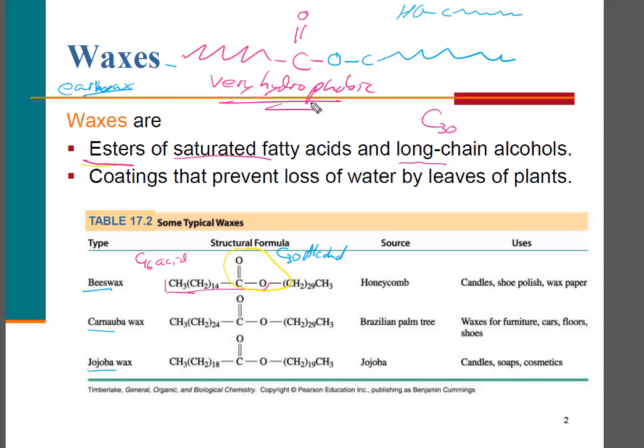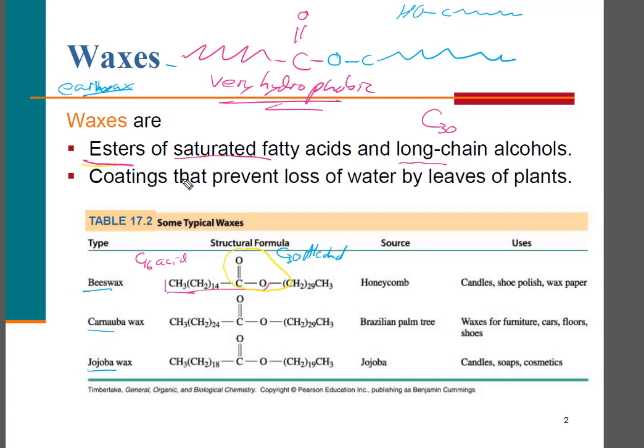Very hydrophobic. One of the things we talked about in lecture about esters, alcohols at least 5 carbons or less are soluble. Acids that are 5 carbons or less are soluble. Alcohols that are 5 carbons or less are soluble, but you put the two together, of course now it's 10 carbons long, it's bigger, but this ester linkage, even though there's a couple oxygens here, does not provide much polarity. So these are very hydrophobic, not soluble in water.